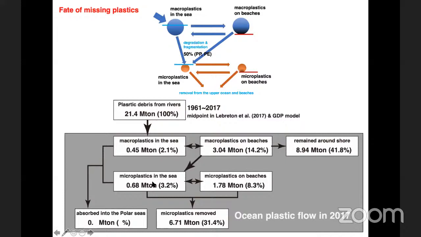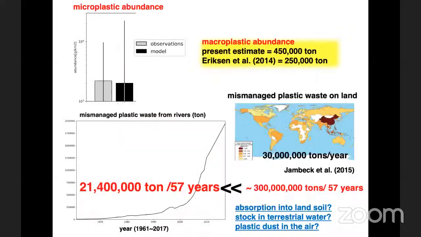And the ratio of the microplastic in the sea is about 3.2%, and microplastic on beaches about 8.3%. And the total amount of the microplastic removed from the upper ocean accounts for about 31.4%. This is the fate of the microplastic in the model. And interesting is the plastic debris remaining on land.